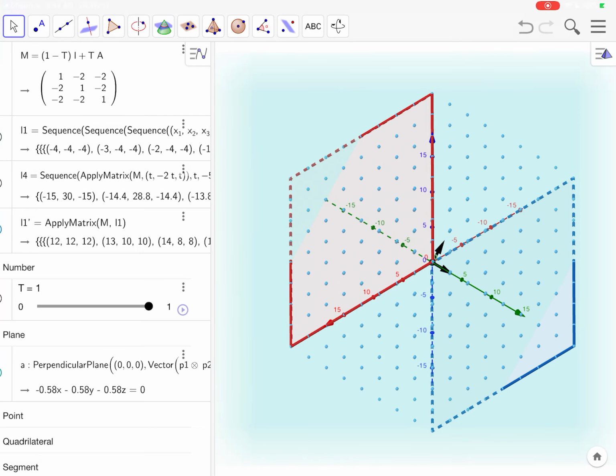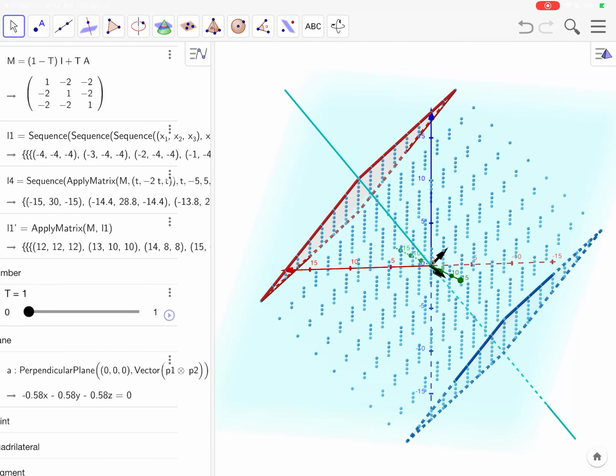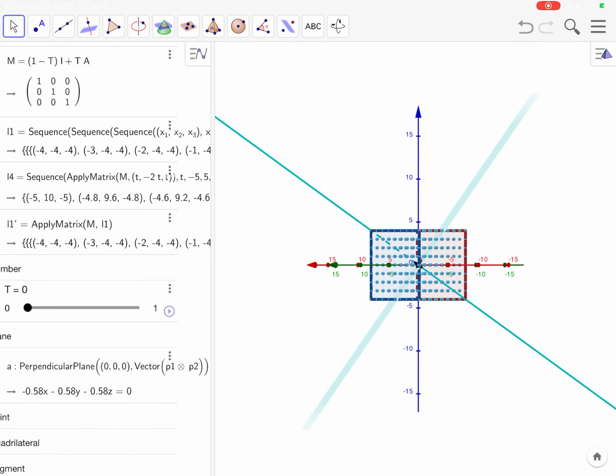Okay, now for the other perspective, where we're going to try to aim ourselves so that we are kind of parallel with the plane, but perpendicular to the eigenspace related to lambda equals -3. So this is the starting off spot where we're still looking at a cube.